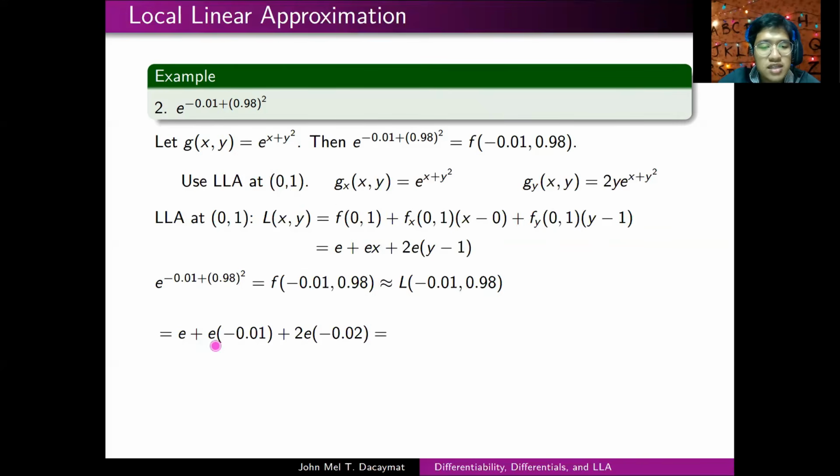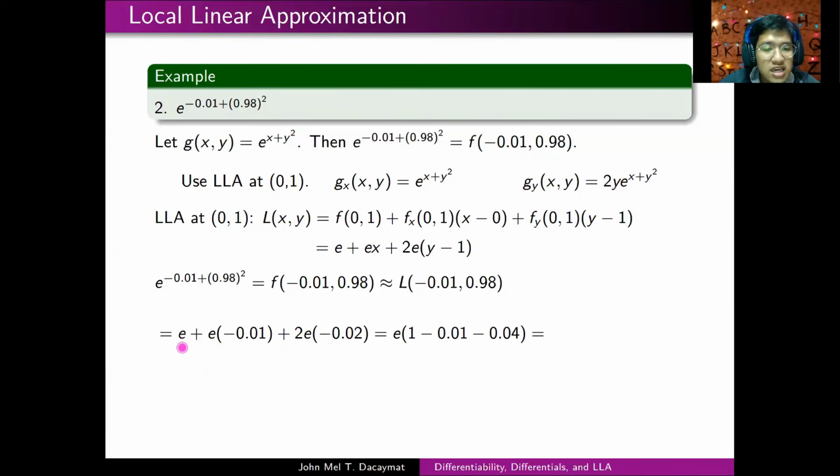So, e times negative 0.01 plus 2e times negative 0.02. No? Because x here is negative 0.01, y here is 0.98 minus 1, that's negative 0.02. If you expand, pwede kong i-factor out yung e dito para ma-evaluate natin ng maayos.